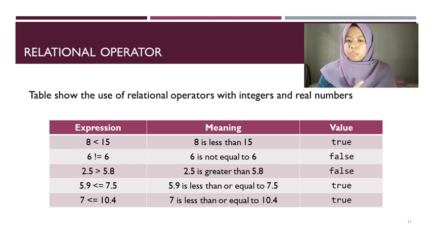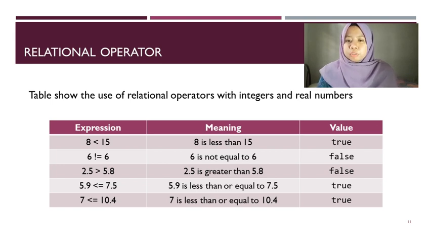If the expression is 6 not equal to 6, of course the value will be false. Then 2.5 larger than 5.8 is false. And 5.9 less than or equal to 7.5 is true. And 7 less than or equal to 10.4 is true.